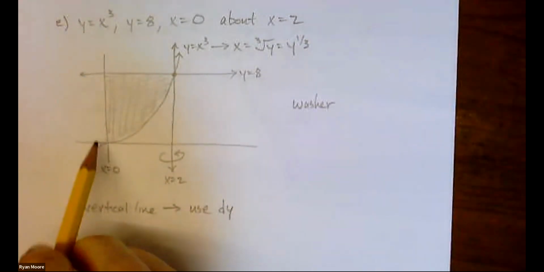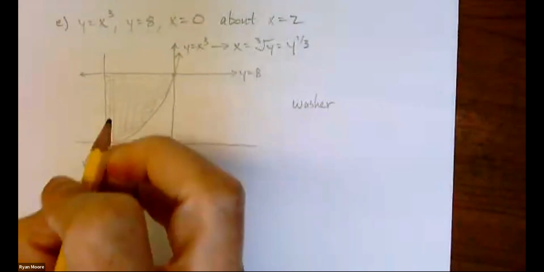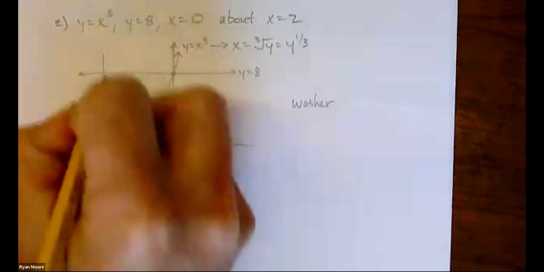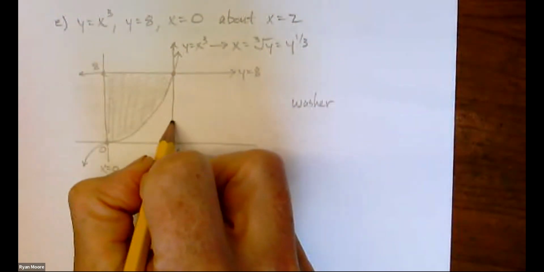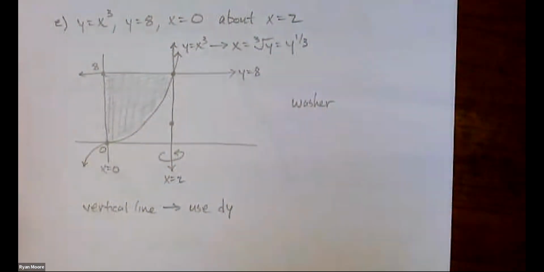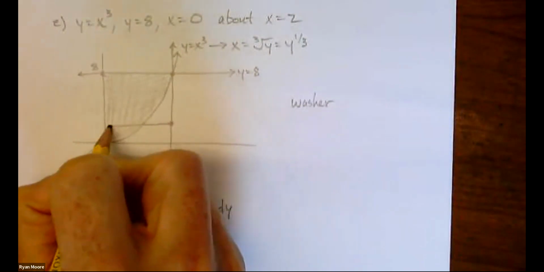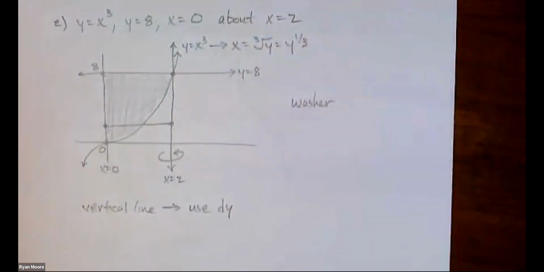What are the limits on y vertically? Starting at 0, going up to 8. Not too bad this time. All right. And now finally, let's draw the outer radius, inner radius. So you begin on the axis, and then you come out perpendicular. There's the outer radius.